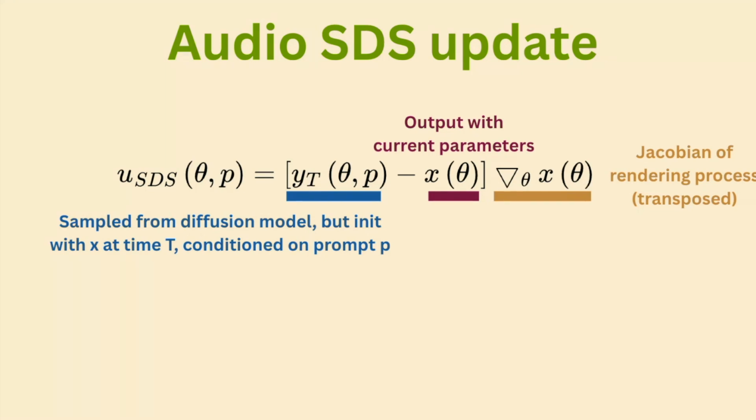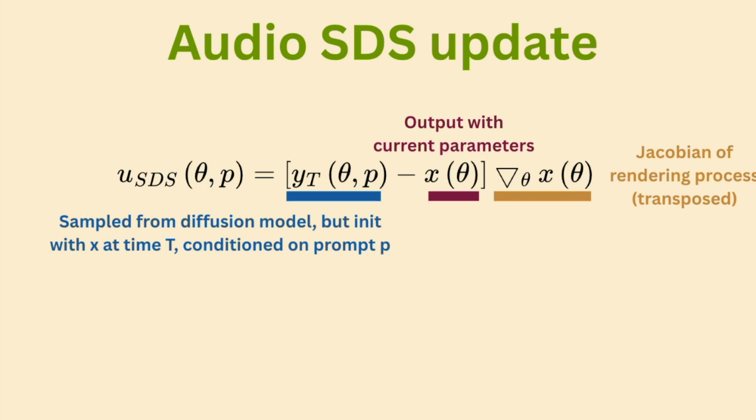We have the X theta, which is the output. That was the rendered output on the last slide. We have this YT. This is a little bit more complicated to digest, and I'm going to write out the full explanation in a second. But this is basically the thing that we've edited with the diffusion model. It's spiritually similar to SDEdit in a sense.